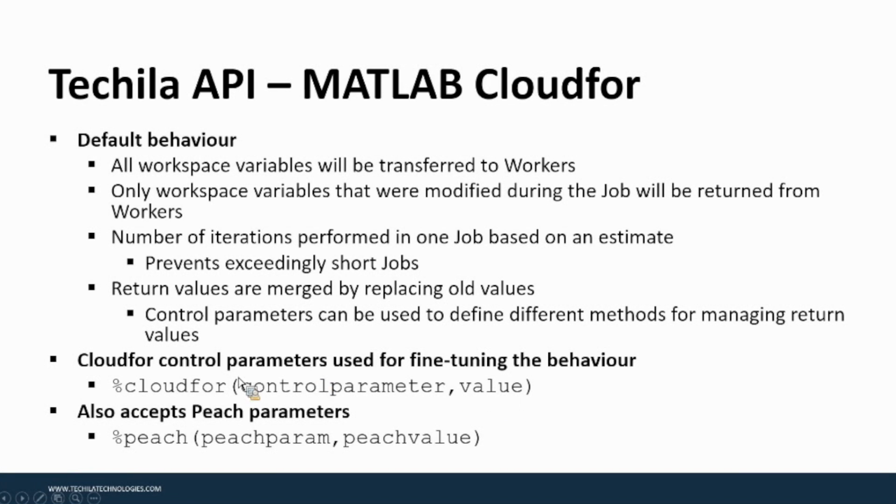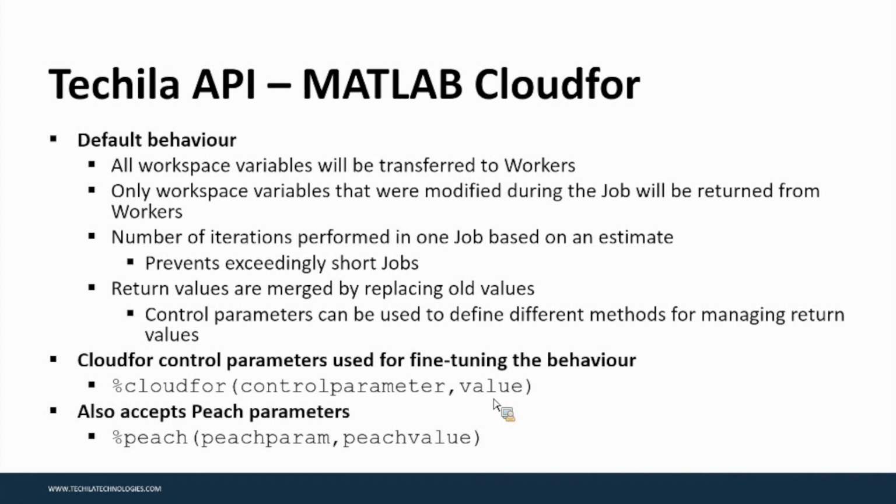So it looks like a MATLAB comment because it starts with a % mark, but Cloud for recognizes this %Cloud for keyword and interprets the control parameter and its value, and will use it to control the computations in the desired manner specified by the parameters.